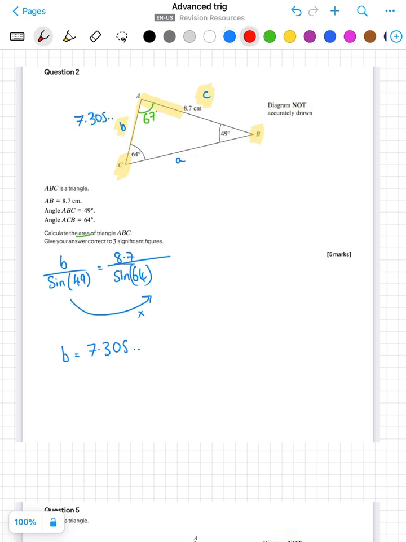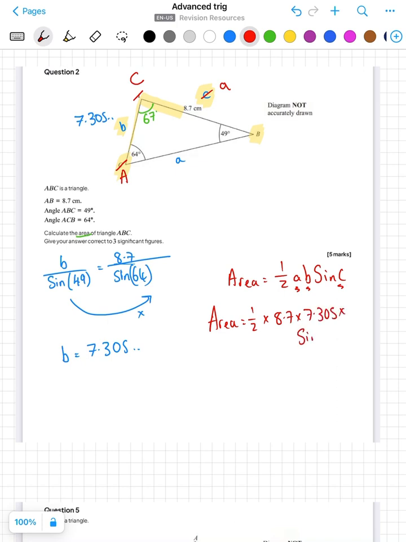Now we can use our angle sandwich to find the area, which was a half AB sine C. But remember, it doesn't have to be A, B and C. You can relabel your triangle. So if that's angle C now, let's change that to A. That's A. And now we have A, B and C. So our area is a half times 8.7 times 7.305 times sine 67.